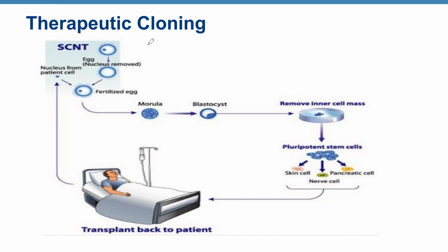So that's how stem cells can be used. And we use cloning over here, right? Because cloning is growing of, in this example, stem cells from patient somatic cells using an egg with a removed nucleus.